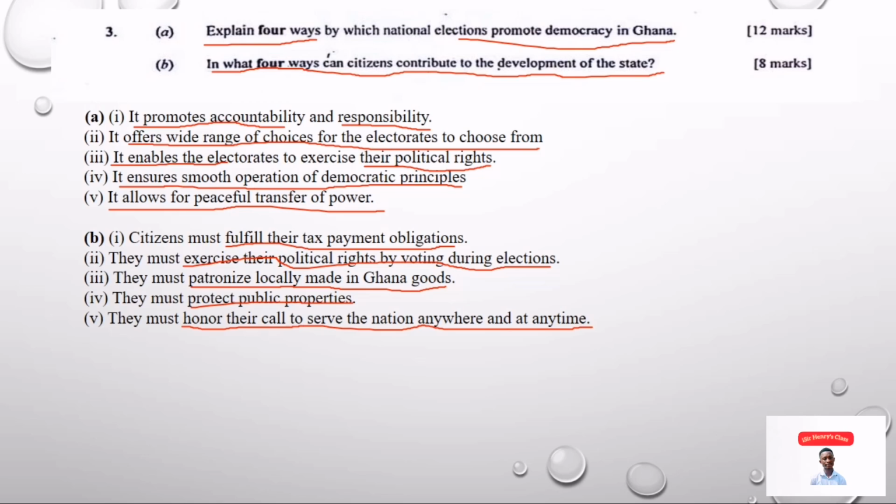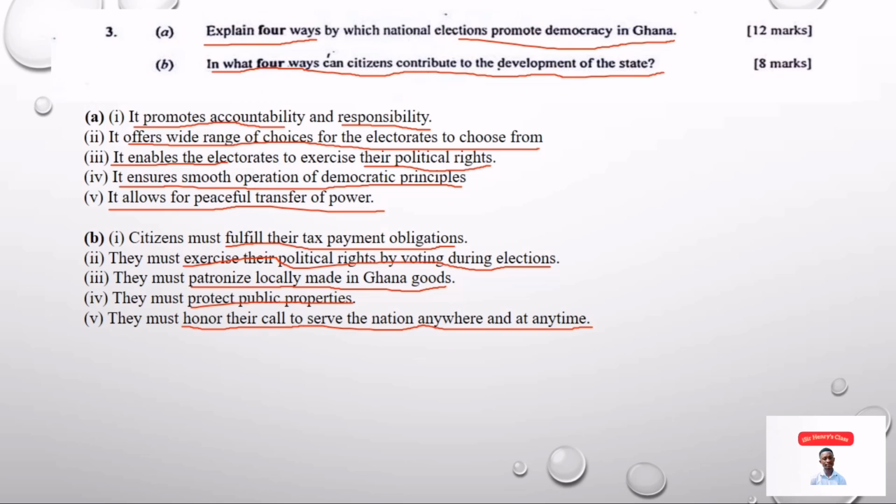So national election is a way of strengthening the practice of democracy in Ghana. It allows for peaceful transfer of power, in the sense that it ensures that there is peaceful change in government.